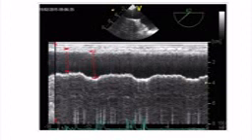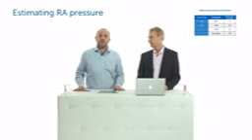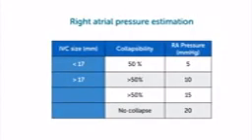Now you know which values you have to insert in your formulas. And we can see in this table the estimation of right atrial pressure. That could be a very useful tool, but it's only validated in patients that are not mechanically ventilated.